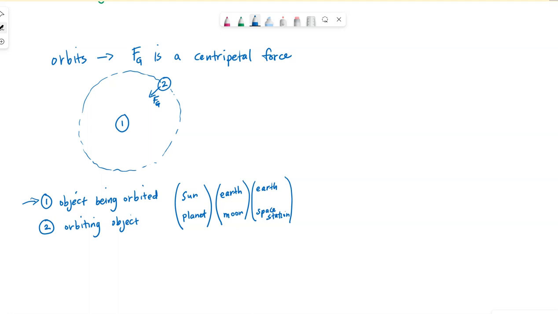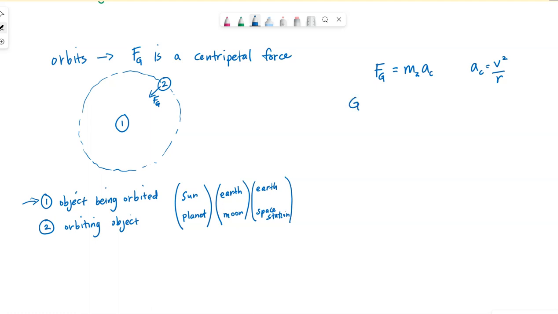So we can say that this force of gravity is equal to the mass of the object in orbit, mass 2, times the centripetal acceleration it has. We can write this centripetal acceleration in terms of v squared over r.